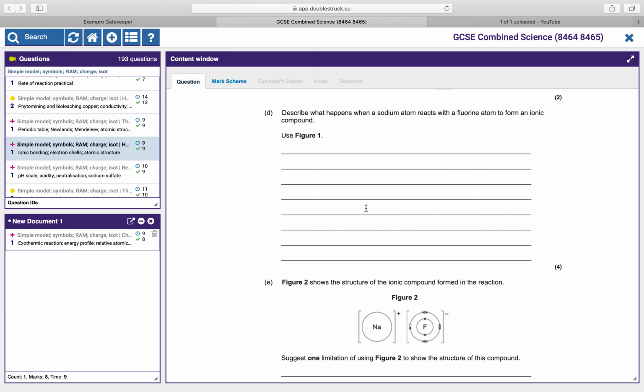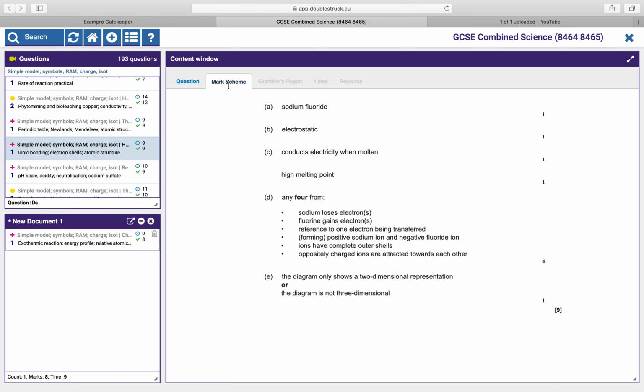And you'd want to finish those off by saying that the positive and negative ions attract each other, because they're oppositely charged.